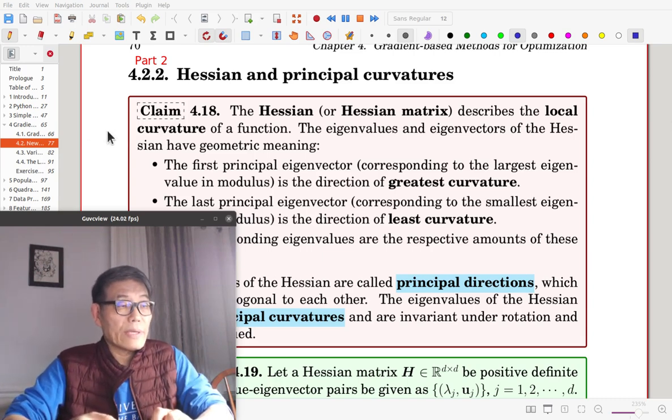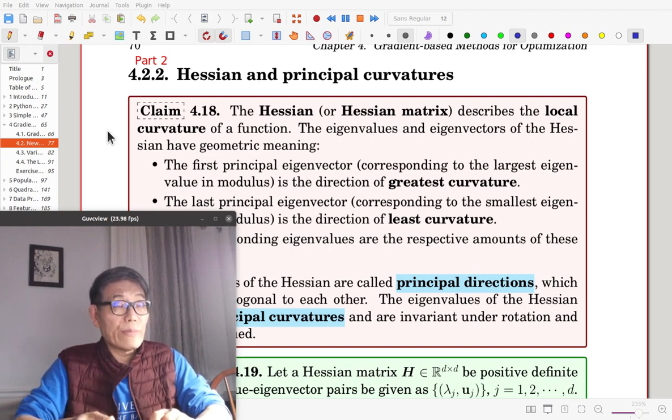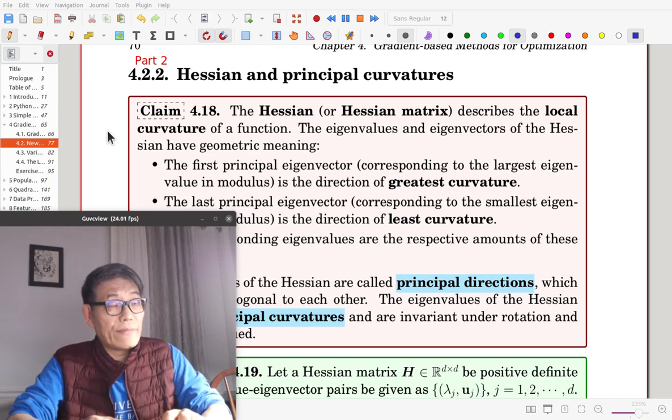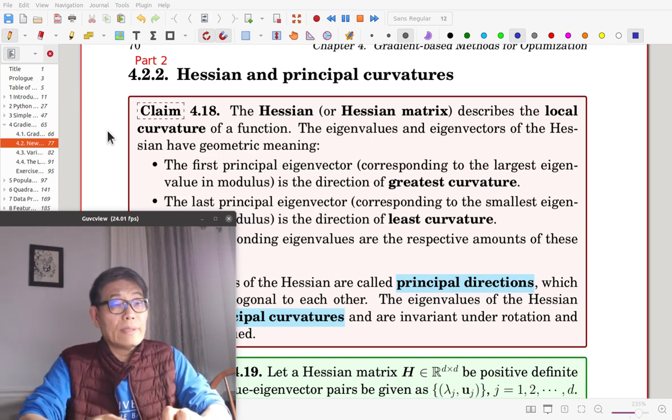This is the second part of section 4.2, Hessian and principal curvatures. In the first part, we studied Newton's method. The function is defined on the d-dimensional space with d large.